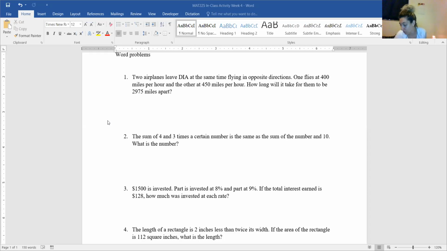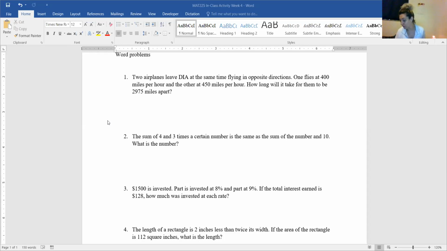And then one is 400, one is 450 miles per hour, and that's where my knowledge stops at the moment. I feel like I have a roadblock. Right, how long will it take for them to be 2,975 miles apart from each other?